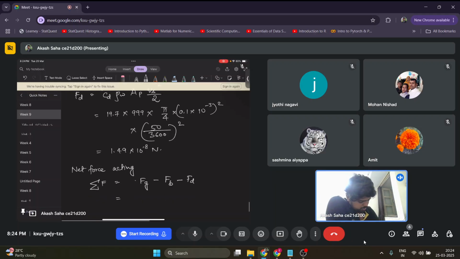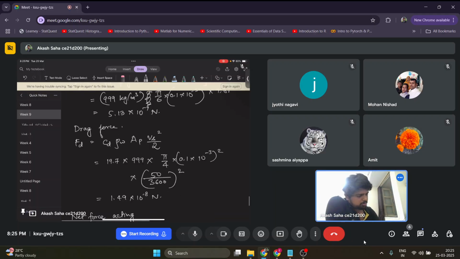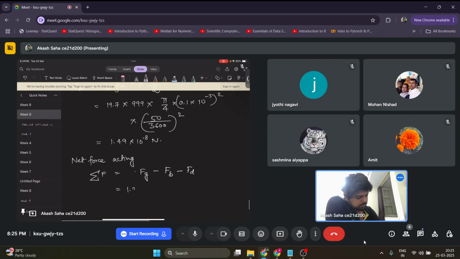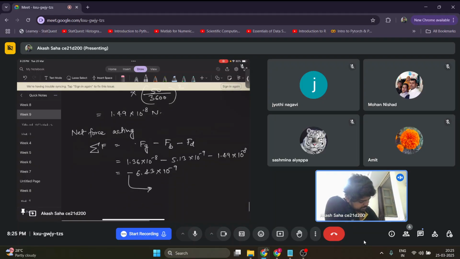So it will be 1.36 into 10 to the power minus 8 minus 5.13 into 10 to the power minus 9 minus 1.49 into 10 to the power minus 8. So we'll get minus 6.43 into 10 to the power minus 9. This negative sign indicates that the net force is acting upwards.